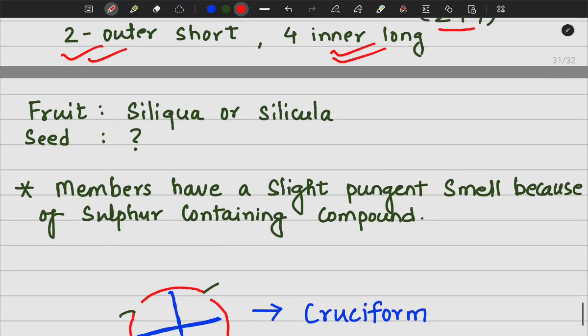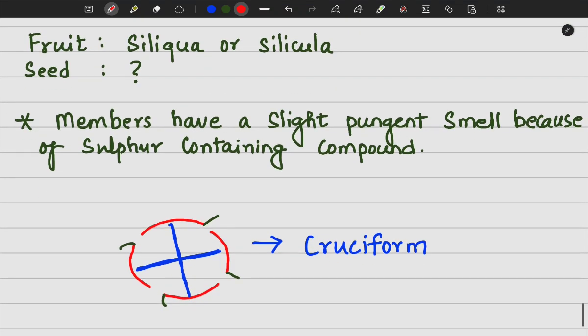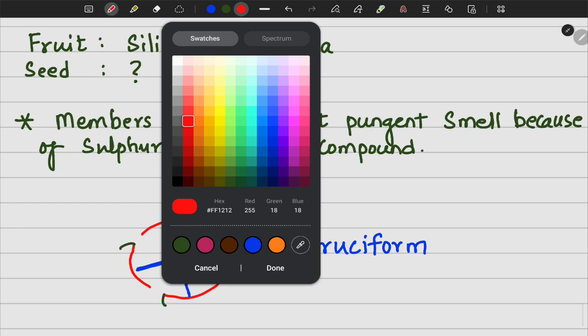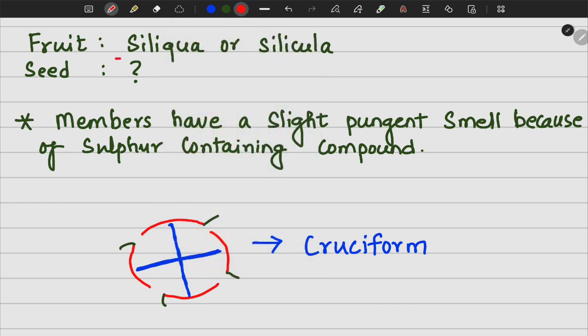Now if we talk about the fruit of the mustard family, there is a term called siliqua or silicula. So the fruits of this family are called siliqua or silicula. Now the seed of this family, can you guess whether the seed would be endospermic or non-endospermic?